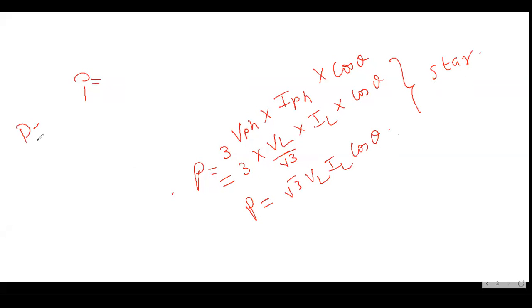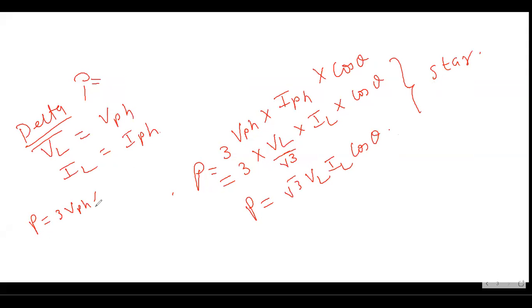Now what about delta? Can you tell me what is the relationship between these two and these two? Come on, fast. I know it's your lunch time, but I won't take more than 2 or 3 minutes. In delta, the voltage will be equal, sir.